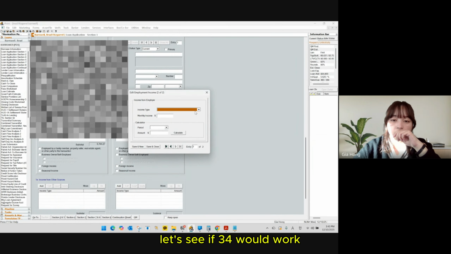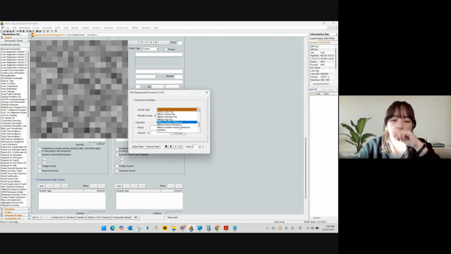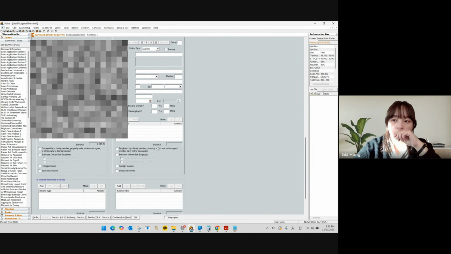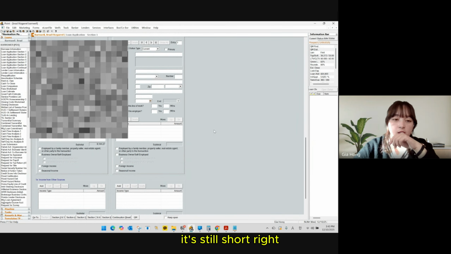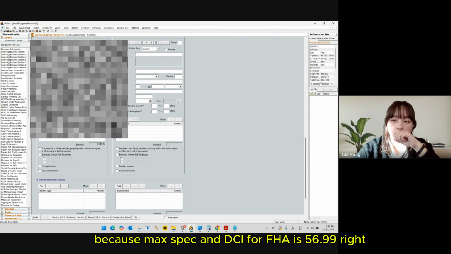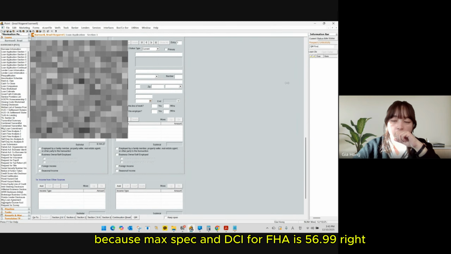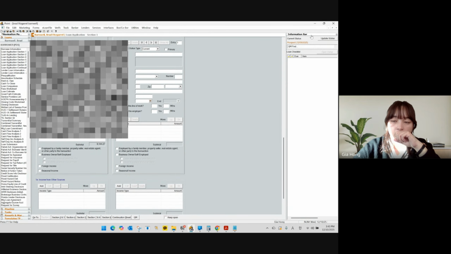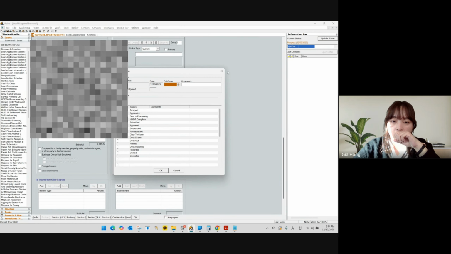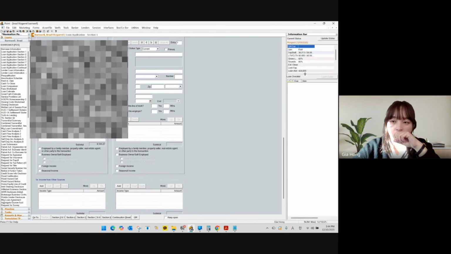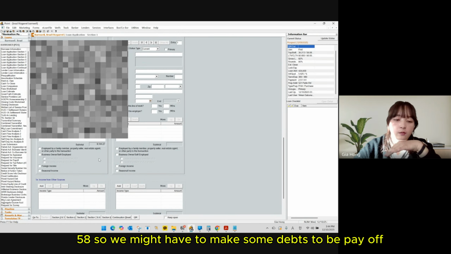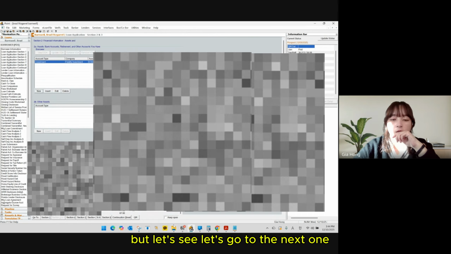Let's see if 3,400 would work. It's still short, right? Because the max DTI for FHA is 56.99, right? It's 58. So we might have to make some debts paid off. Well, let's go to the next one.